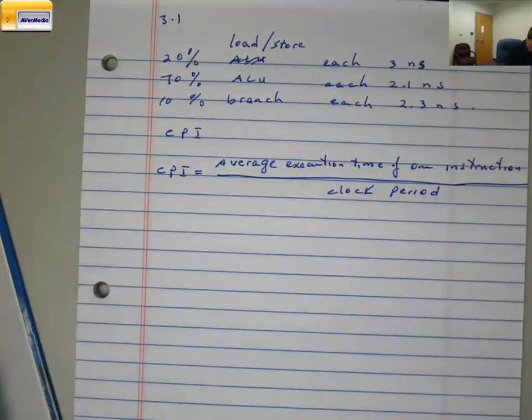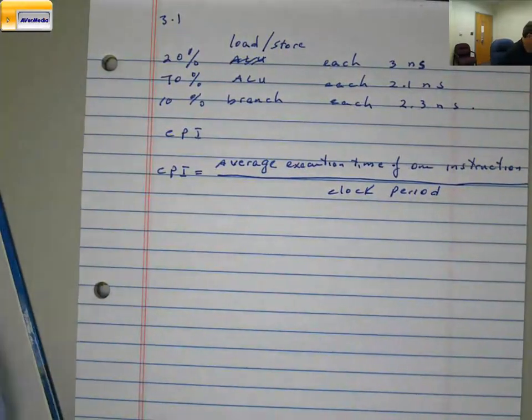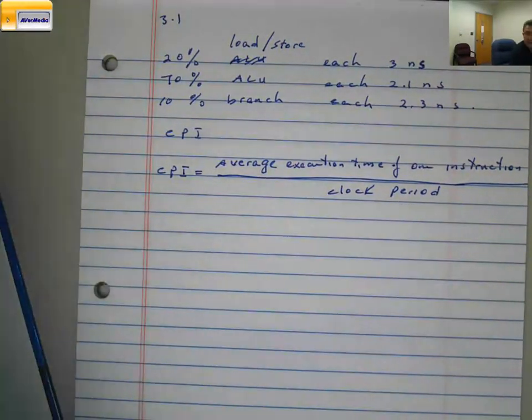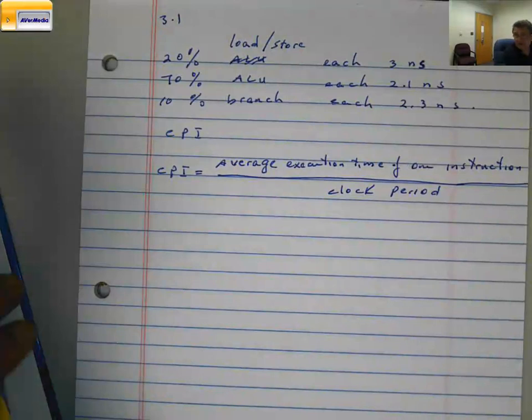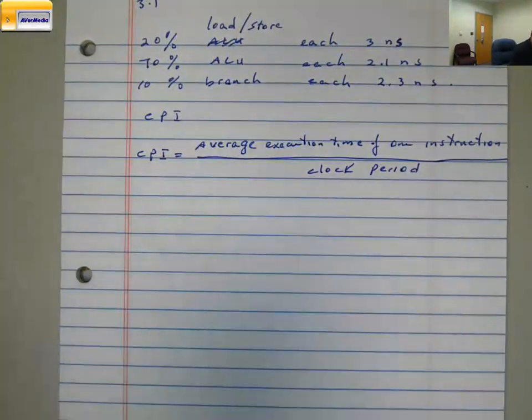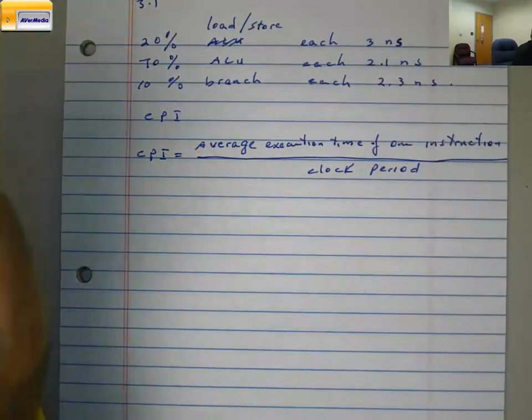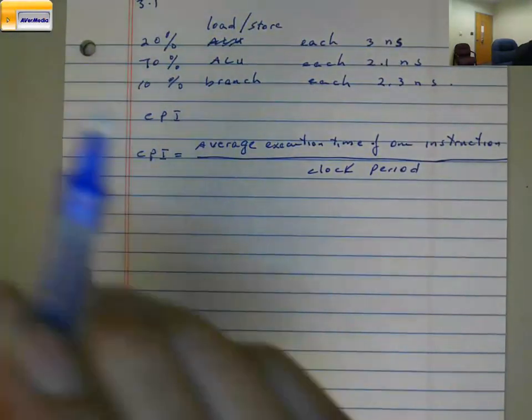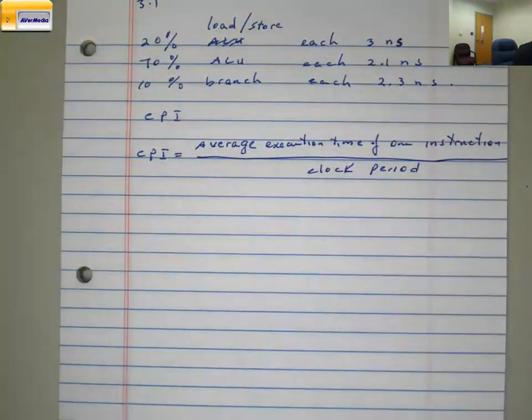Okay? CPI, that's the clock cycles per instruction, right? That's what we are calculating. Remember that we said T is equal to instruction count IC times CPI times tau. So how do we calculate CPI?